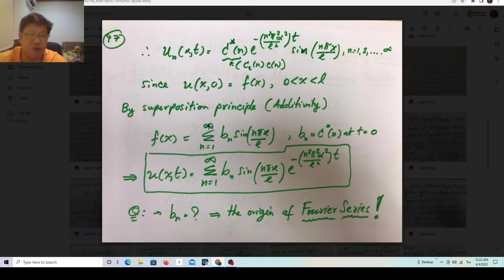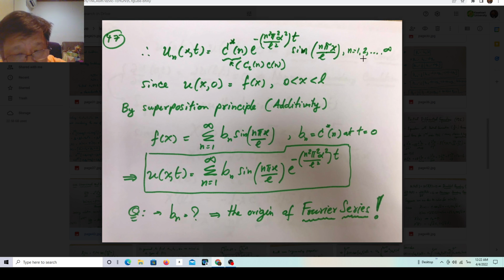This one we call the superposition. Superposition means that you have f(x) equal to this for a specific n value, and the same f(x) for different n. So you want to combine all the effects of this, which can be represented as f(x).